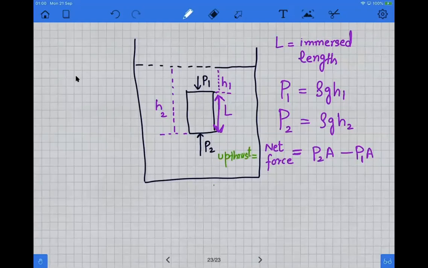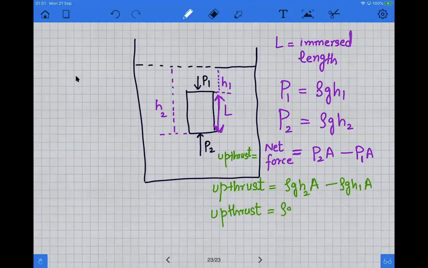So the upthrust, the net upward force, can be given as P2 is rho G H2 into A, minus P1 is rho G H1 into A. So rho G into A is common.